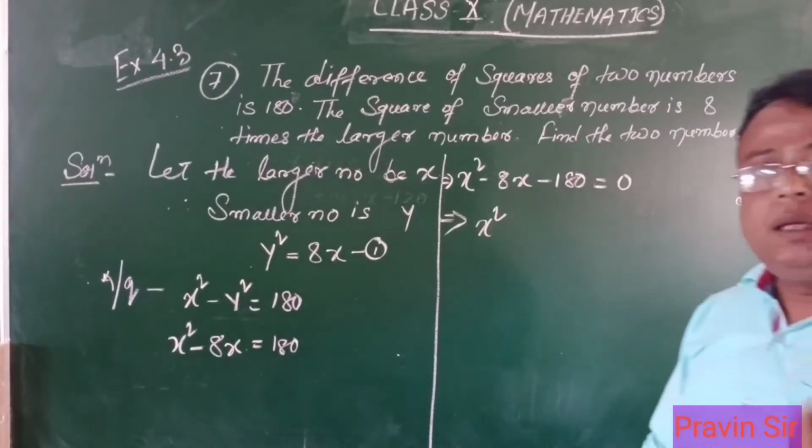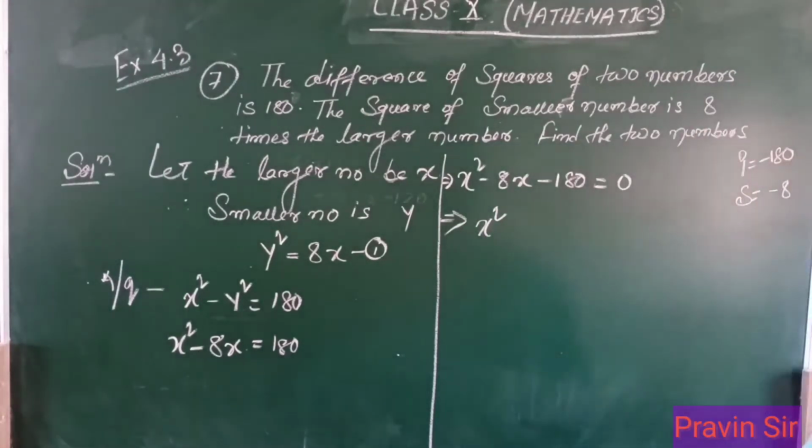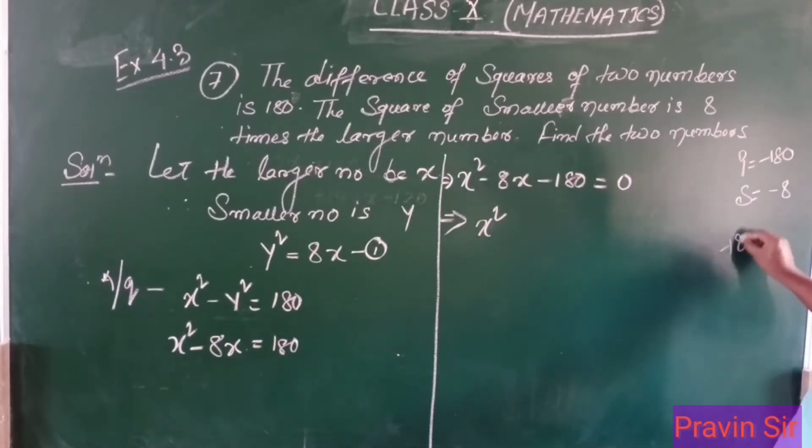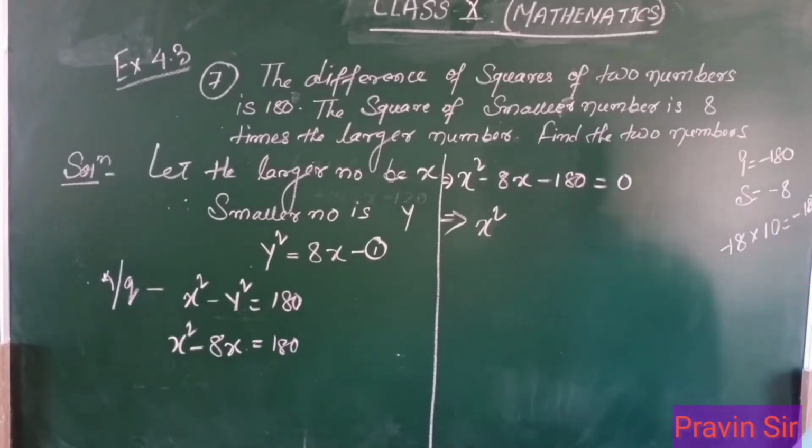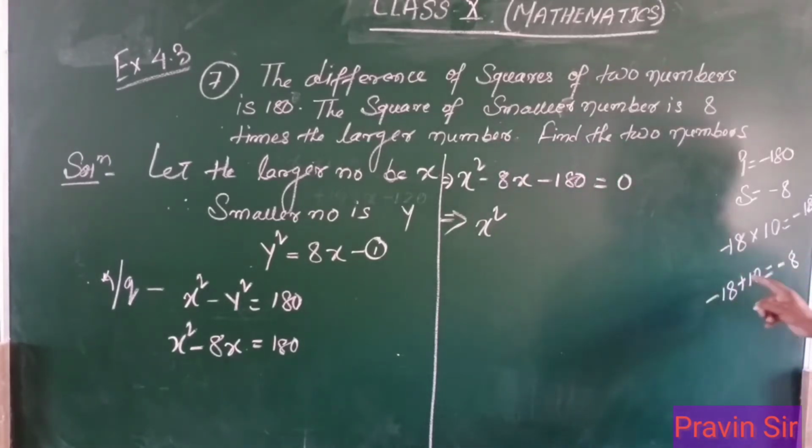Let us see what these two numbers are. Minus 18 into 10 is equal to minus 180. Minus 18 plus 10 is equal to minus 8. So the two numbers are minus 18 and plus 10.